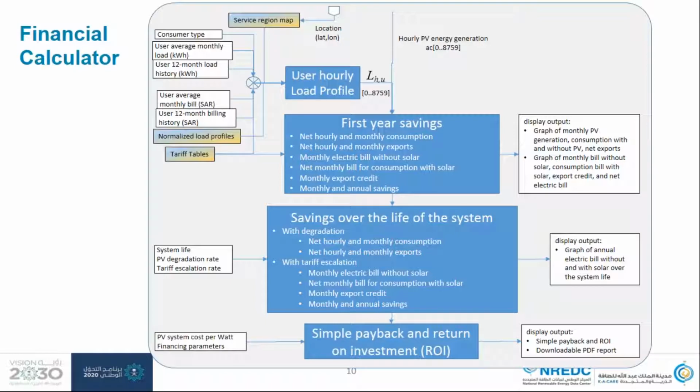We have a tariff escalation scheme that we've worked through with the regulator to indicate the expected increases in tariffs in Saudi Arabia. It might be worth mentioning, as an aside, that until January 1st, 2018, the base rate for residential electricity consumers in Saudi Arabia was 1.8 cents per kilowatt hour.